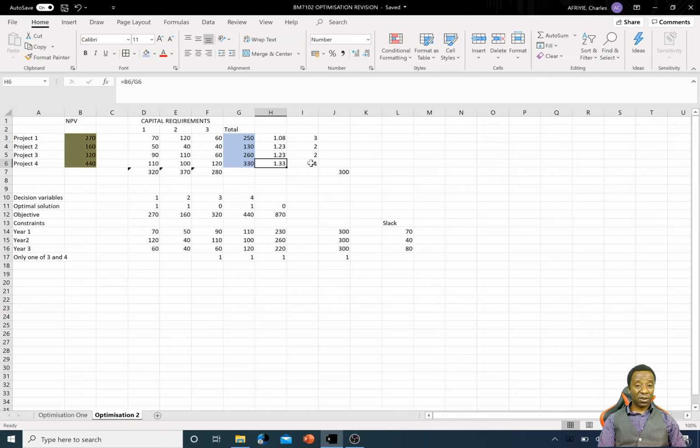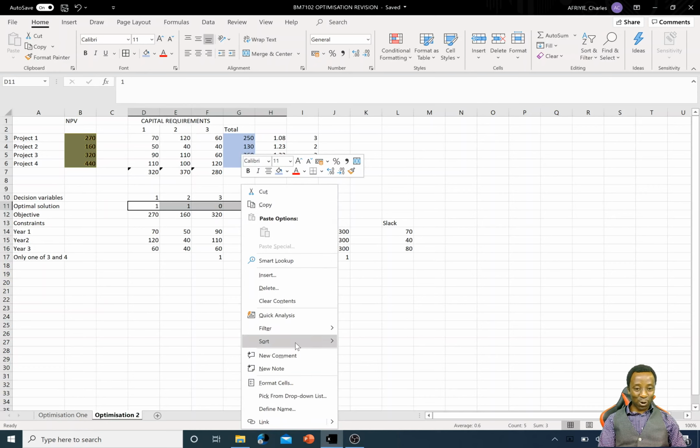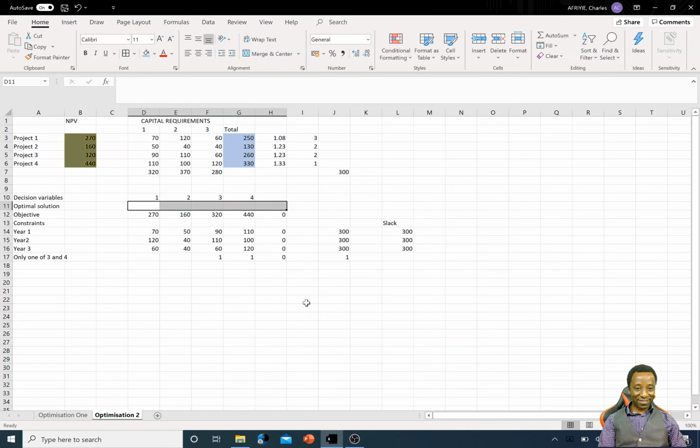What effect would that have on us? So let me just delete the solution now. I hope you haven't looked at the solution yet. Let's just delete it. Go away, solution, clear that. Everything else can stay. I'll just talk you through that. So if we can only choose one of 3 and 4, how would that change the picture?